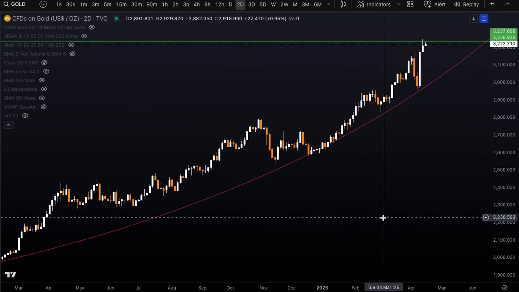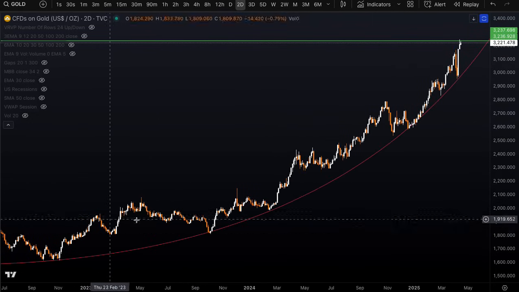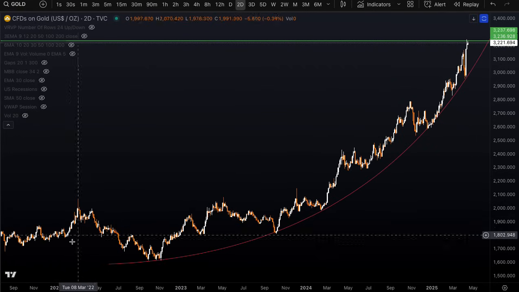Well, now imagine that instead you have wealth, capital, savings, and instead of putting that wealth and savings into dollar-denominated assets, you put it into gold. Here we see gold going back to late 2022.